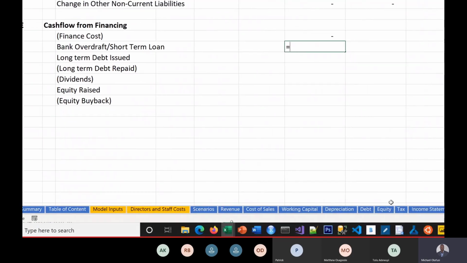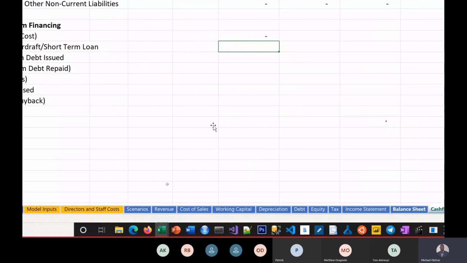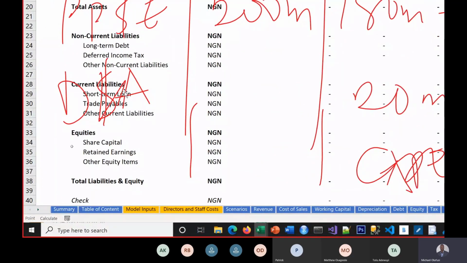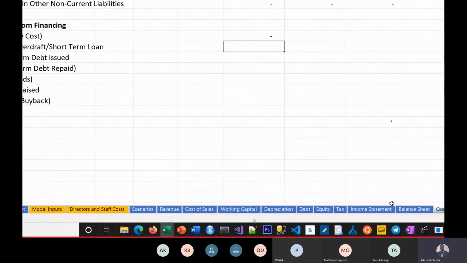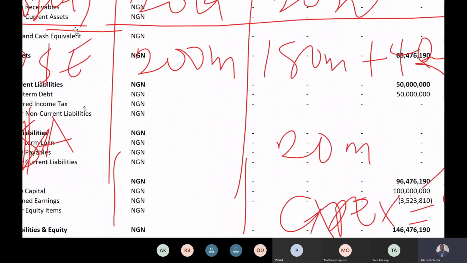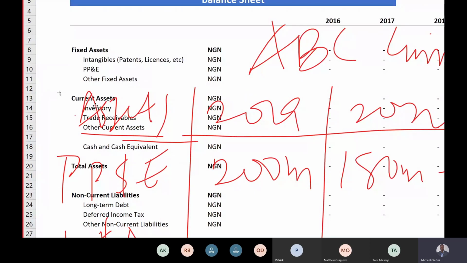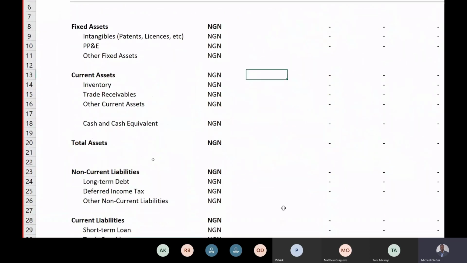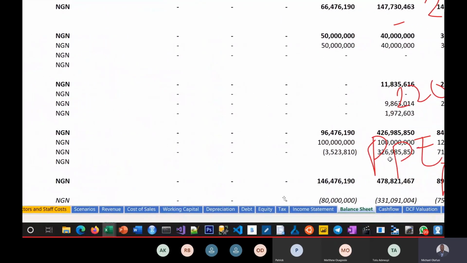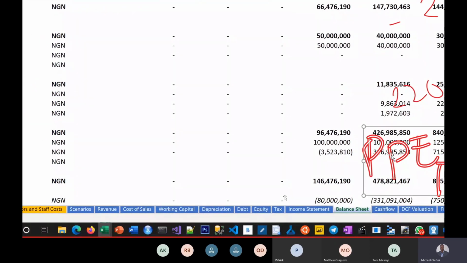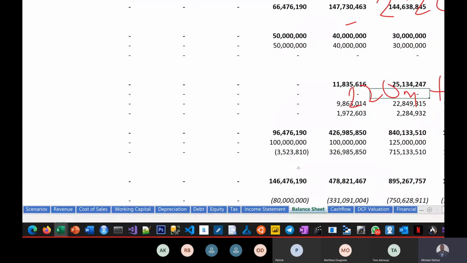Let's go to the balance sheet and check if there are any short-term loans under the current liabilities. At this point, I need to delete these so that it does not disrupt the flow. I'm going to remake that formula.